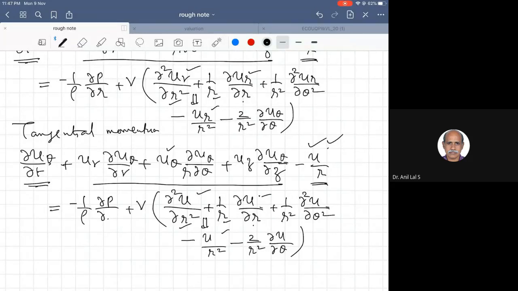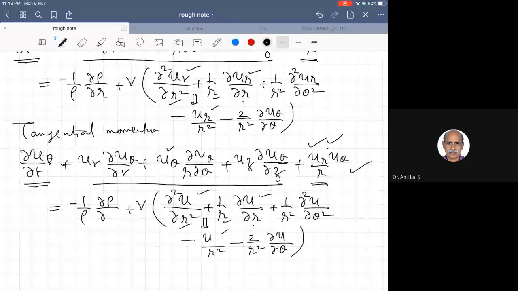Instead of the centripetal acceleration of the radial direction, the acceleration in the tangential direction is called Coriolis acceleration. The Coriolis acceleration is due to the combined effect of u r and u theta, so it is going to be u r u theta by r, and it is positive in the anticlockwise direction. For positive u r and u theta, the fluid will be accelerated in the anticlockwise direction, so you have a plus sign for that.